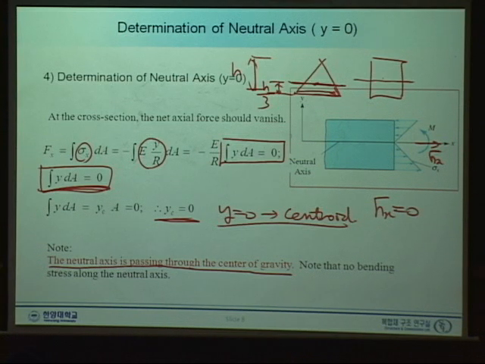Well, the reason is simply these cross sections, okay, the stress is linearly varying, and so this will be a tension and this will be compressions, and total force should be 0, so this area should be equal to the bottom part.